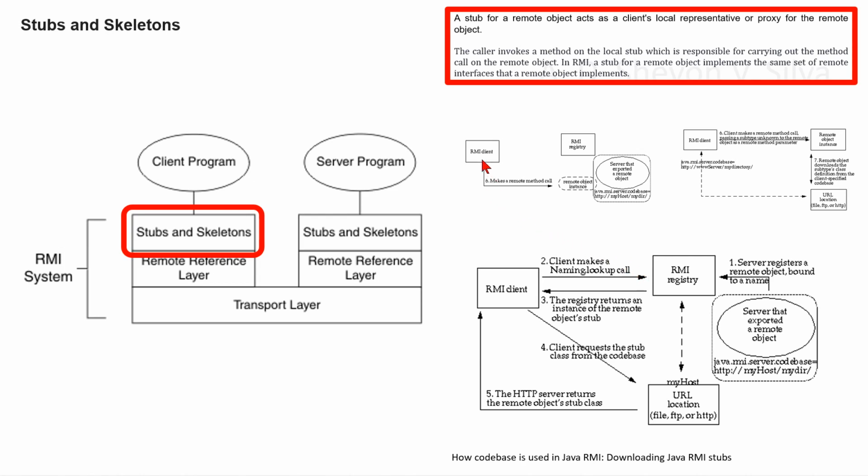In step 6, the RMI client is connected to the remote object instance and makes a remote method call. Here you can see the RMI registry, and the server that exported the remote object.